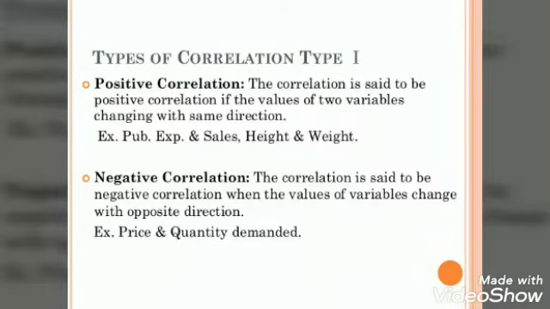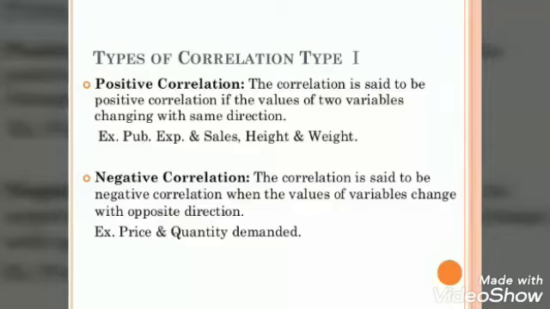Again, you can take an example of a relationship between, this time, price and demand. Why did I say price and demand? The reason is, you people know very well, if the price increases, then demand will decrease. They both are two variables, and see, they are changing in different directions.